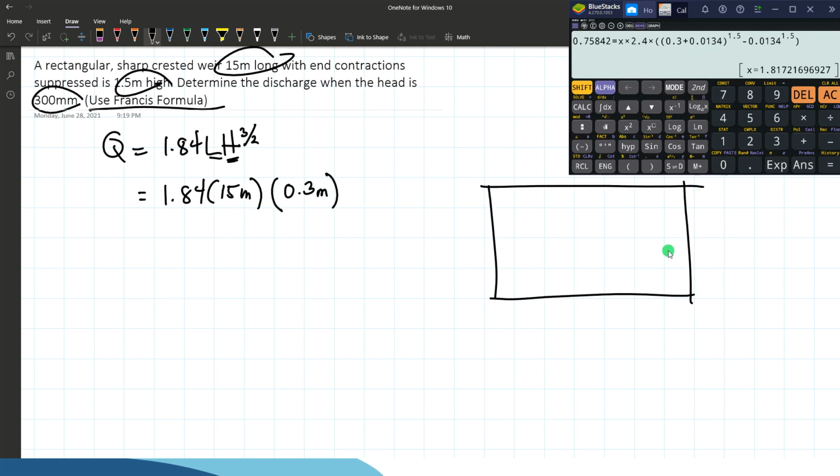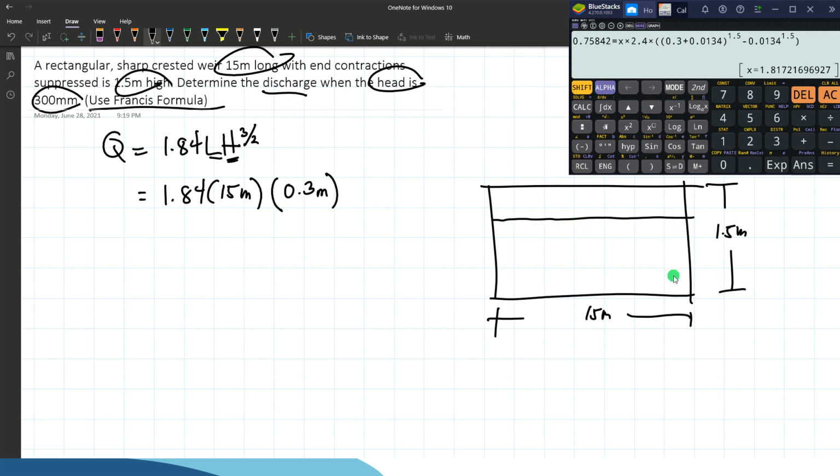If this is your open channel, we have a length of 15 meters and a total height of 1.5. So it is said here that we will have a head at the discharge of 300 mm. So we will have a constant head of 300 mm in order for us to determine the discharge.